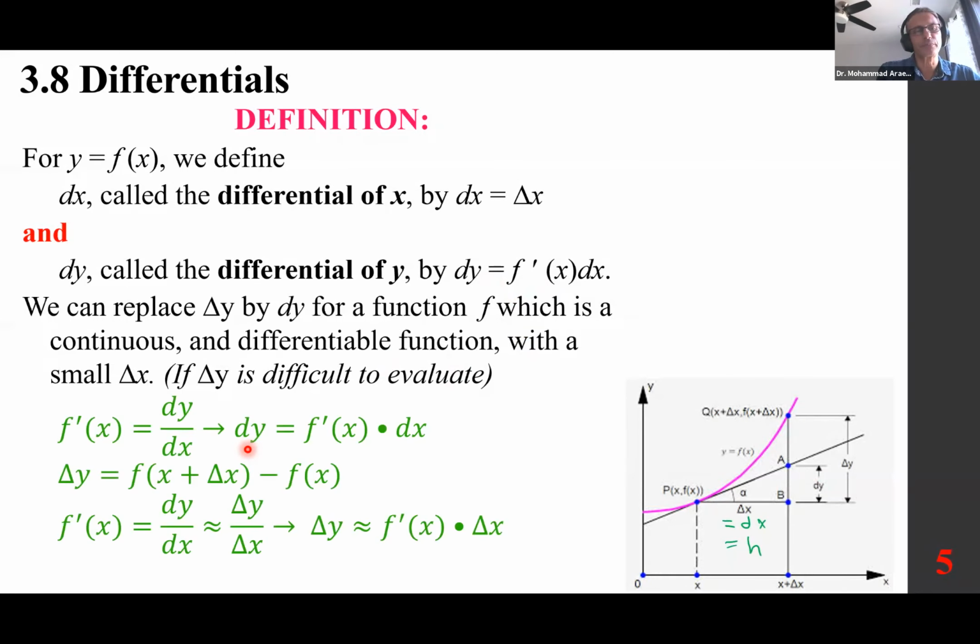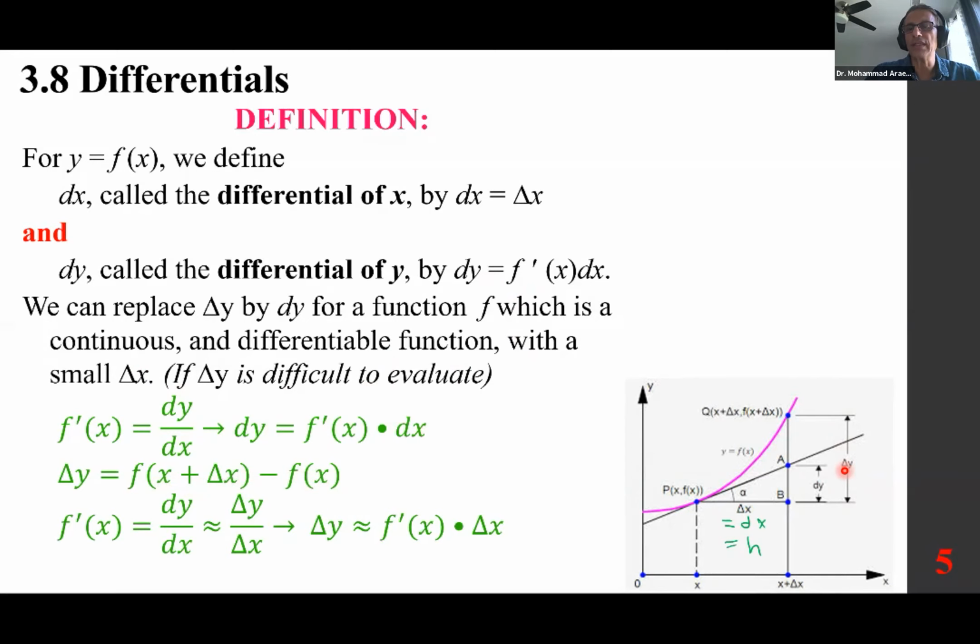Number one, f prime of x or dy dx, if we treat this as a fraction, the cross product gives us this: dy is precisely f prime of x dx. This is by formula. Delta y is f of x plus delta x minus f of x.